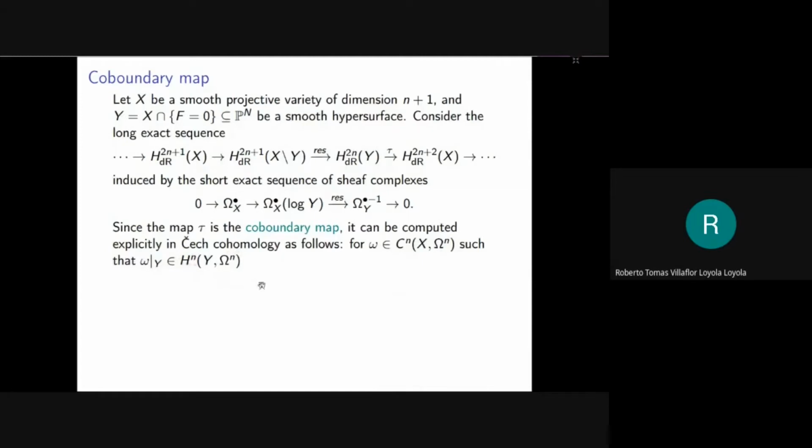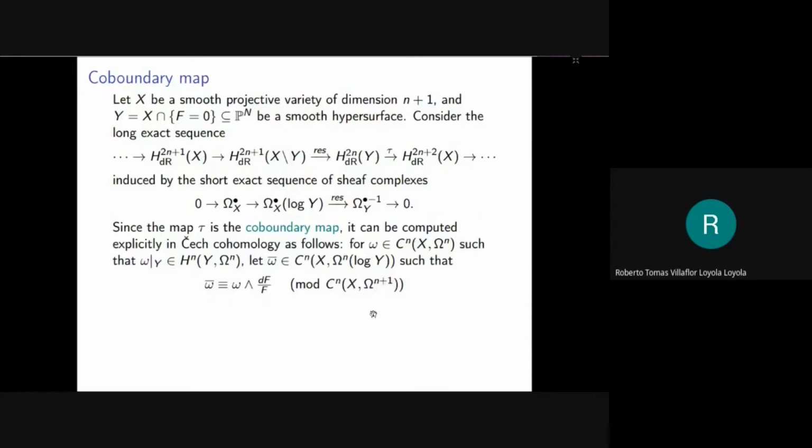Consider now omega bar to be a Čech cochain over X of n-forms with logarithmic poles along Y, and be such that this omega bar is congruent to omega wedge df over f modulo the space of Čech cochains of n+1 forms over X.